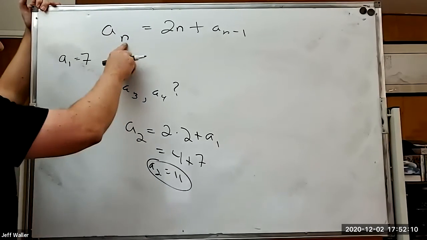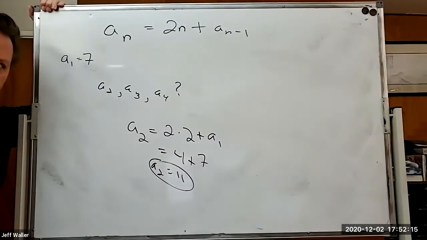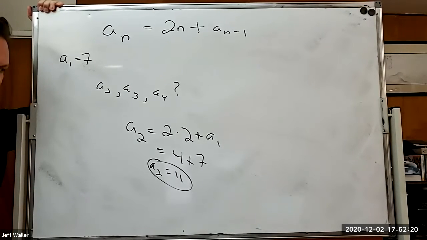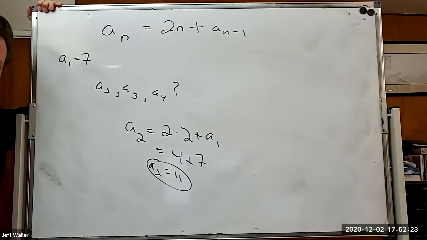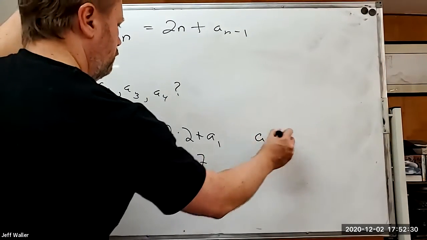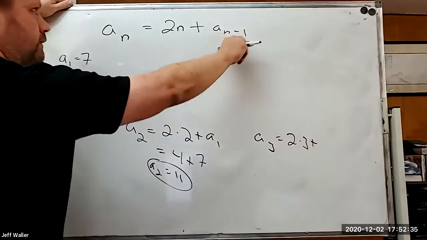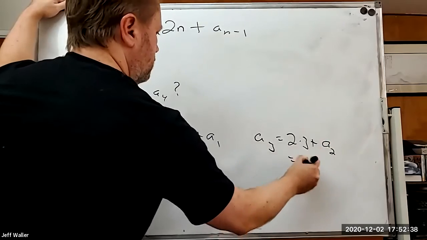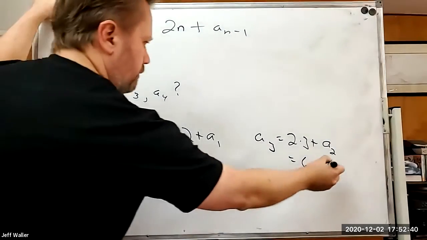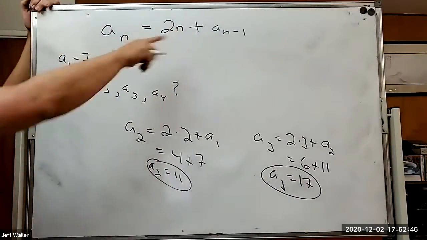Then you would write A3 equals 2 times 3 plus A sub 2, and then you plug that in. So it becomes a lot more like function notation, even with recursive formulas. A3 would be 2 times 3 plus A sub 2, and of course A2 is 11. So the next sequence element always references the one before it for this example.